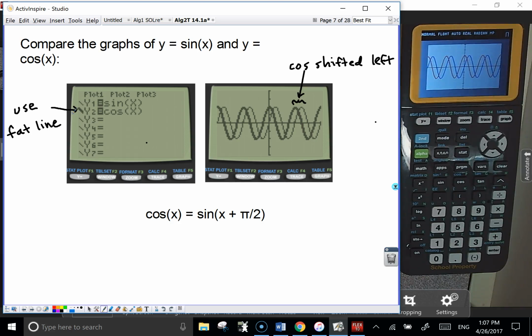It goes back to 0. It goes to its minimum at 3 pi over 2, and then it goes to 0 again at 2 pi. Cosine starts at its maximum, right? It starts at 1, because the x-coordinate at 0 is 1. And then it goes to 0, its minimum, 0, back to its maximum. That's the whole thing. So we use that fact a lot when we're doing the graphing.